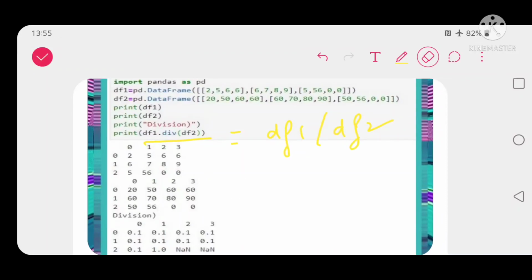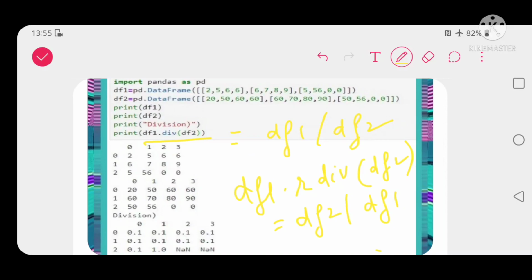Suppose I am writing here df1 dot rdiv df2. It means reverse division is there. It is equivalent to df2 divided by df1. Now if you execute this expression, the answer will be different because the division operation is not commutative. Clear?